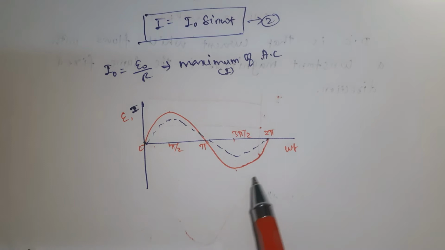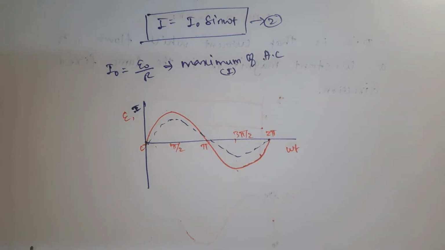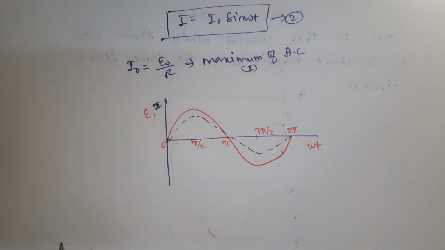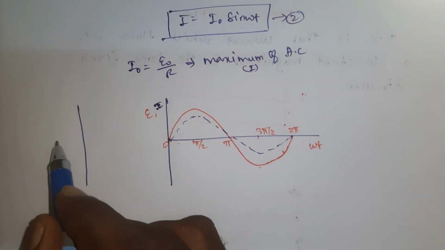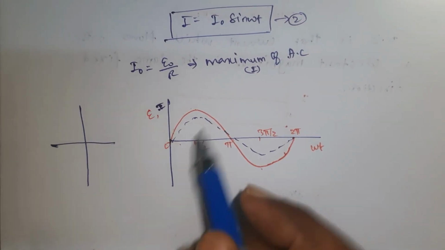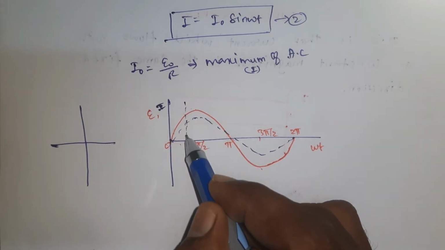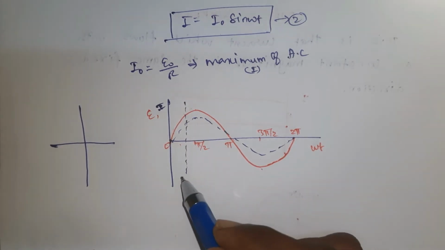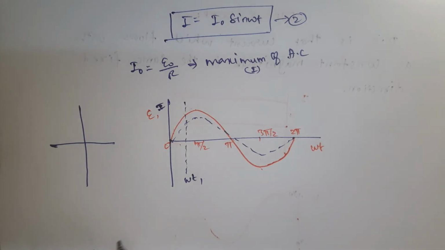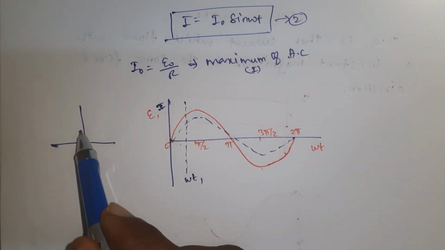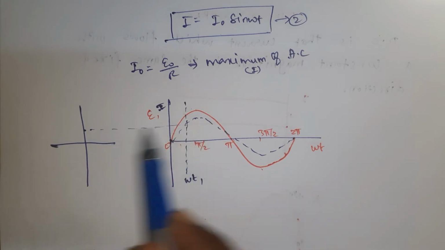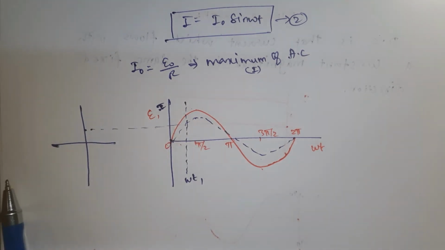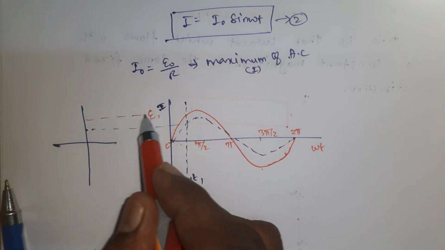Now we can discuss the phasor diagram. For the phasor diagram, we use rotating vectors. You can select any instant. So at this instant, which is omega t1, now draw parallel lines. This is for voltage, this is for current, and this is for voltage.